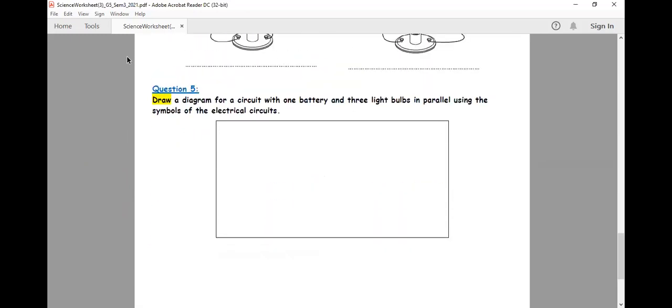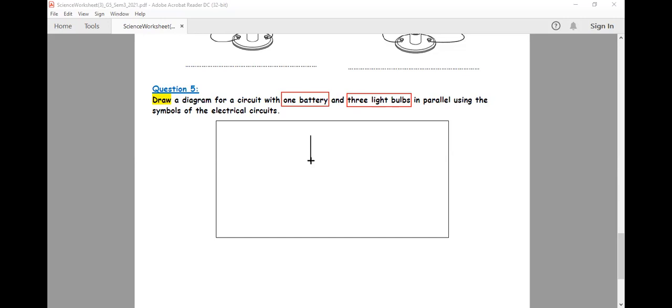Last question, we have to draw a diagram using the symbols of the electrical circuits. Our circuit must contain 1 battery and 3 light bulbs. Help me with this. How do I draw a battery? Unmute yourselves. How do I draw a battery?